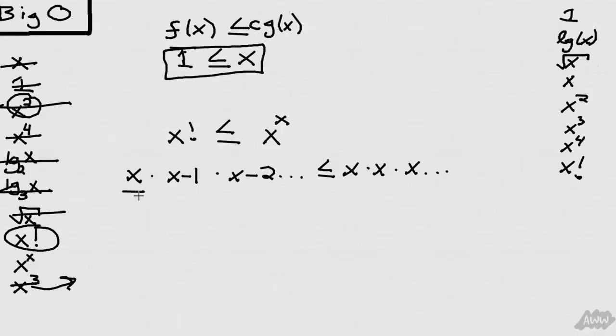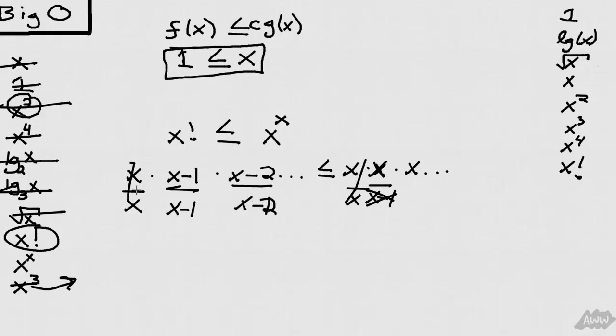Well, at this point, we can just start dividing things off. Divide by x, divide by x. You have 1 less x on both sides. We can divide by x minus 1. And the question here is x divided by x minus 1, which one is larger? X is, so this will be some value that's greater than 1, because x is larger than x minus 1. So this will be greater than 1, this will be greater than 1, but all of these will be reduced to 1.